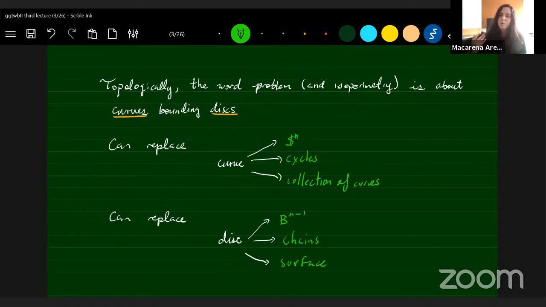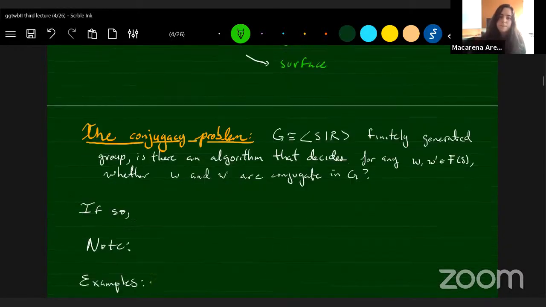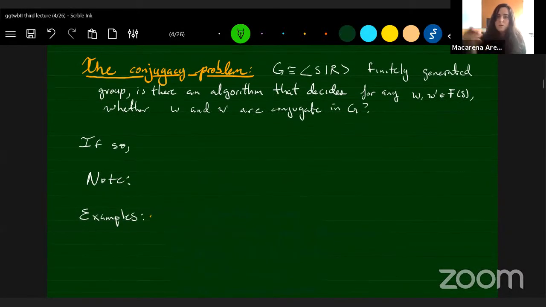I think the most natural way to start going about these generalizations is to study the conjugacy problem. The conjugacy problem was introduced by Max Dehn when he introduced the word problem, in 1910. It asks the following question.